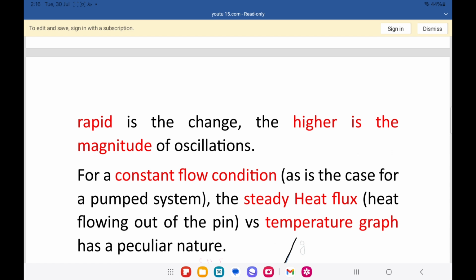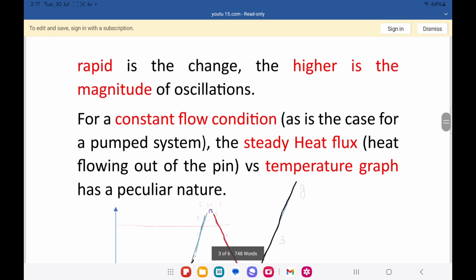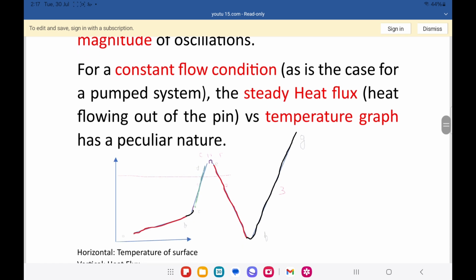For a constant flow condition, which is true for a pump system, the steady heat flux, that is heat flowing out of the pin, versus temperature graph has a peculiar nature for flow systems.